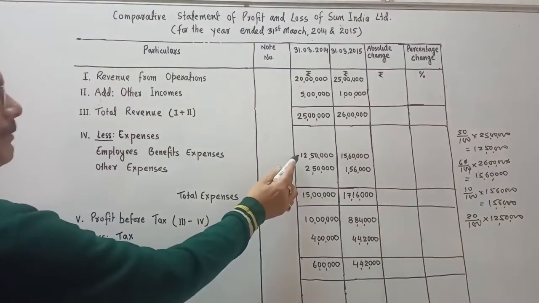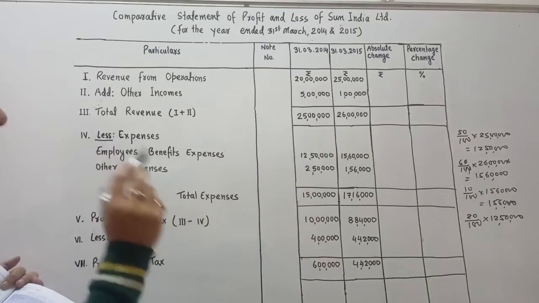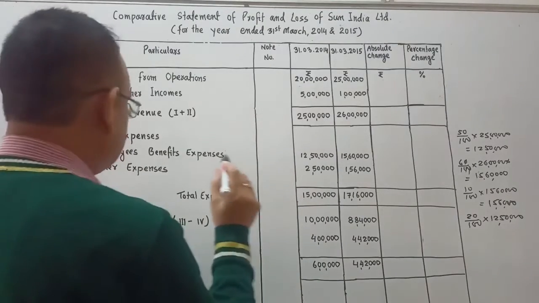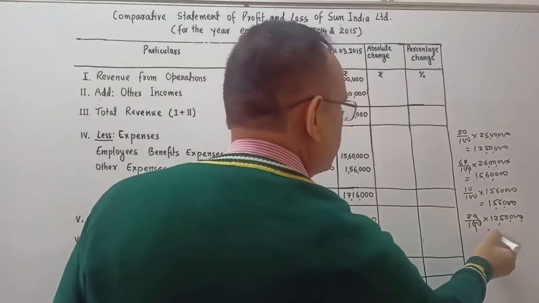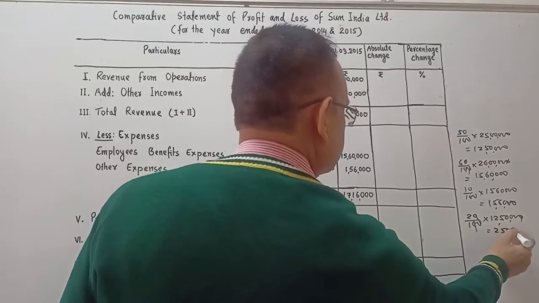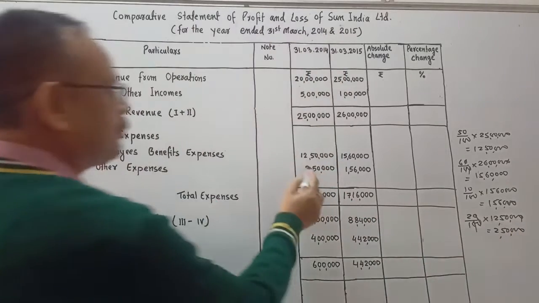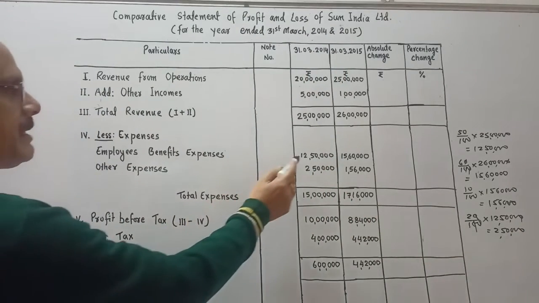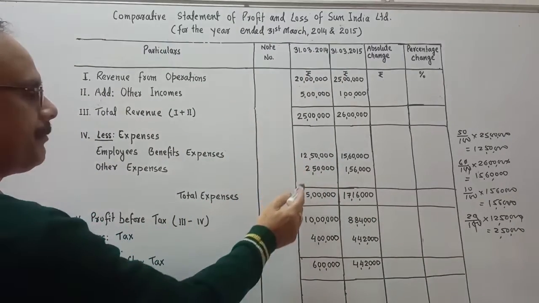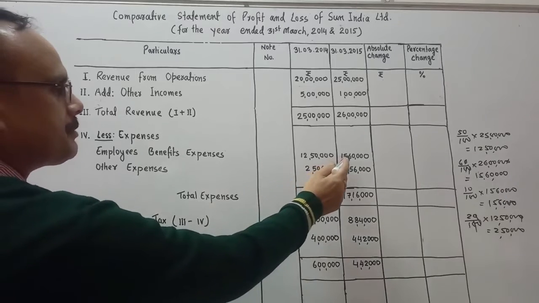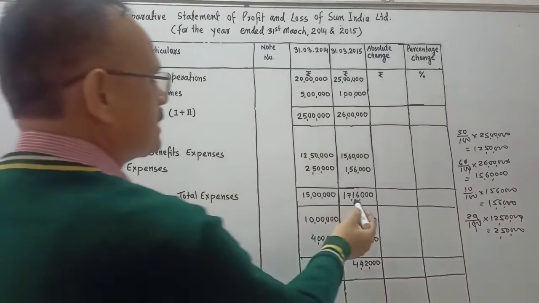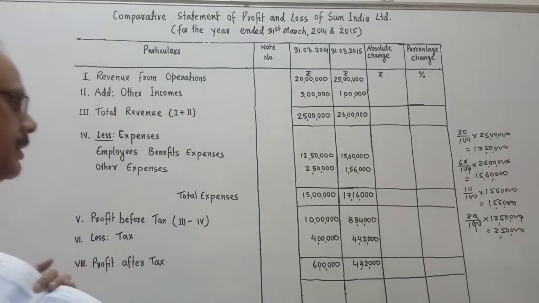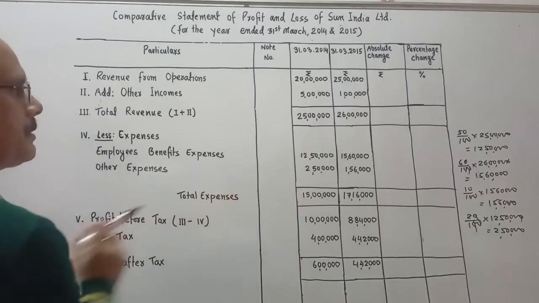Employee benefit is 12 lakh 50,000, and 20% of that amount is 2 lakh 50,000. So total expense is 12 lakh 50,000 plus 2 lakh 50,000, which is 15 lakhs, and here it is 15 lakh 60,000 plus 1 lakh 56,000. Total is 17 lakh 16,000 is the total expense.